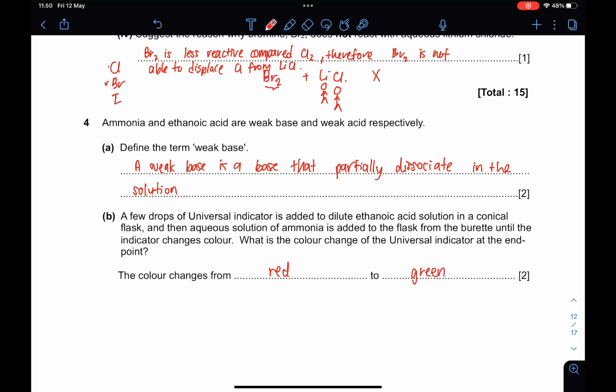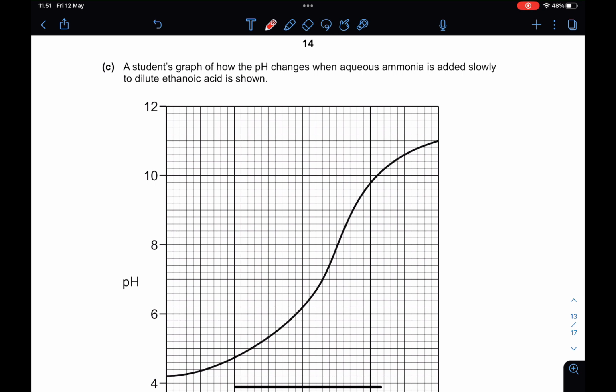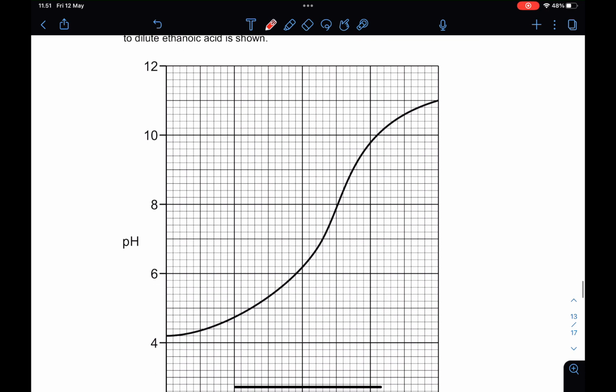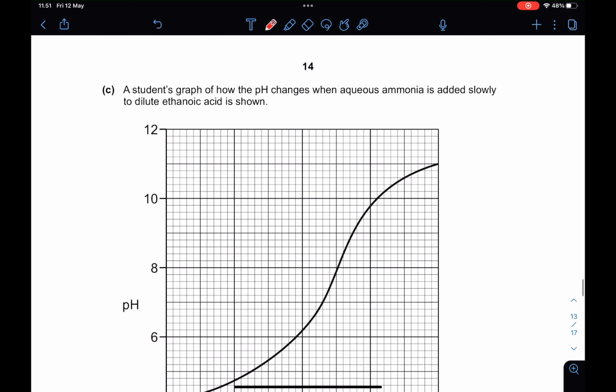So the color changes from red to green. Green is neutral, and alkali is going to be blue. So at the point of complete reaction, it's red to green.